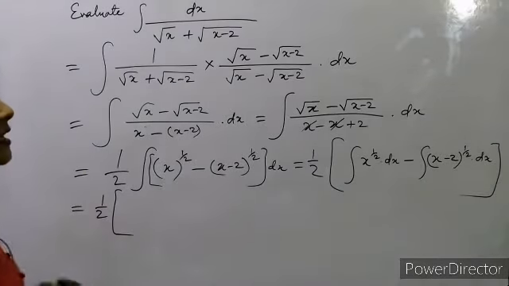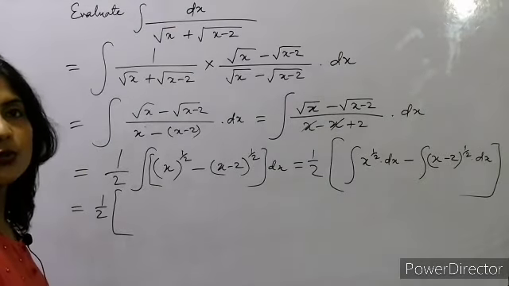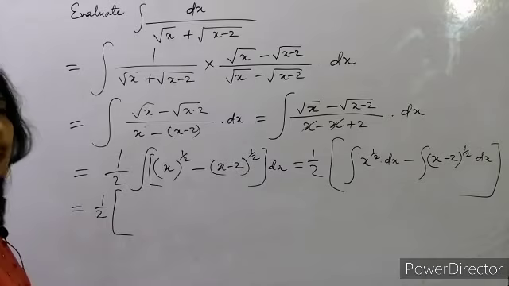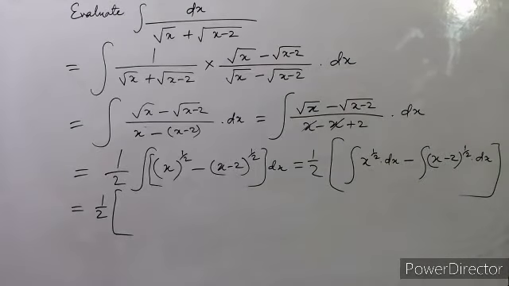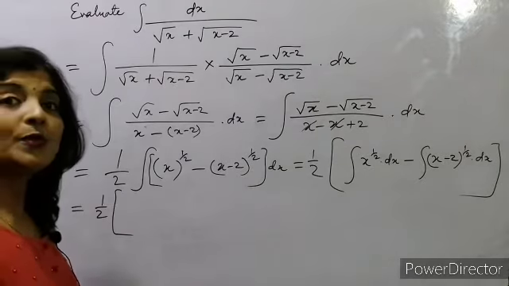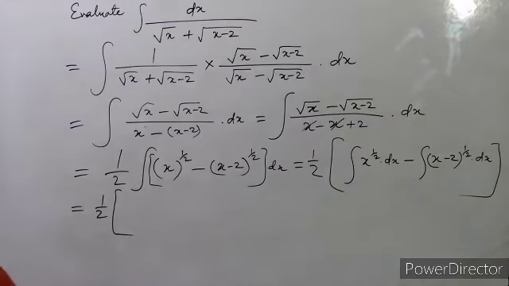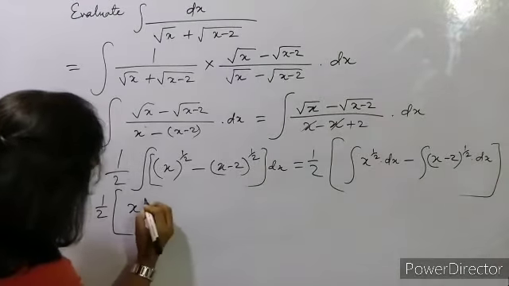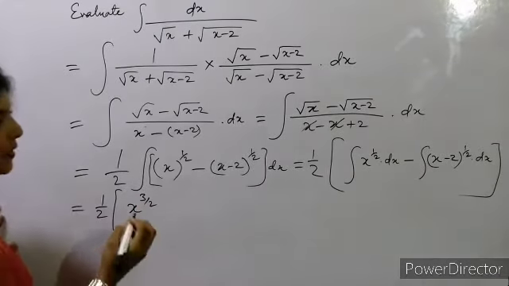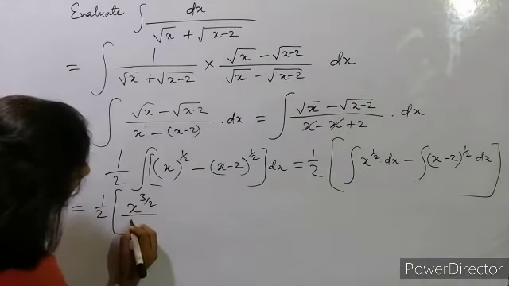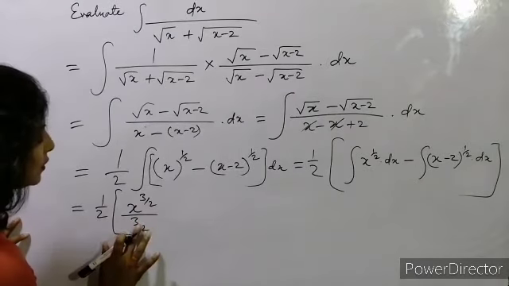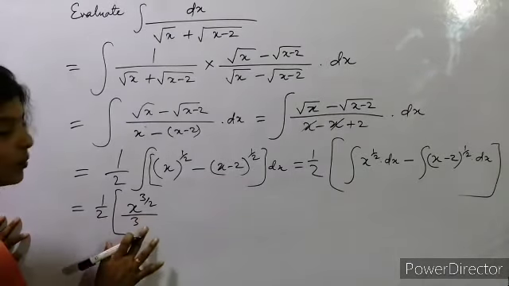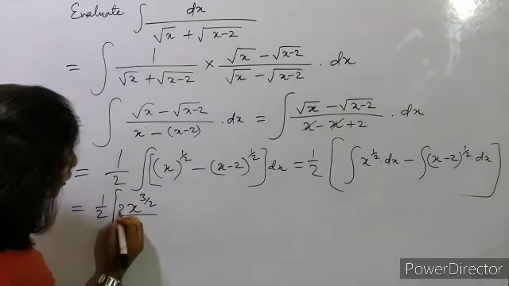So we differentiate x to the power 1 upon 2, then here we have to add. So x to the power 1 upon 2 plus 1, that will be x to the power 3 upon 2. Okay, and we'll divide it by the same, 3 upon 2, meaning we'll multiply this by 2 upon 3.